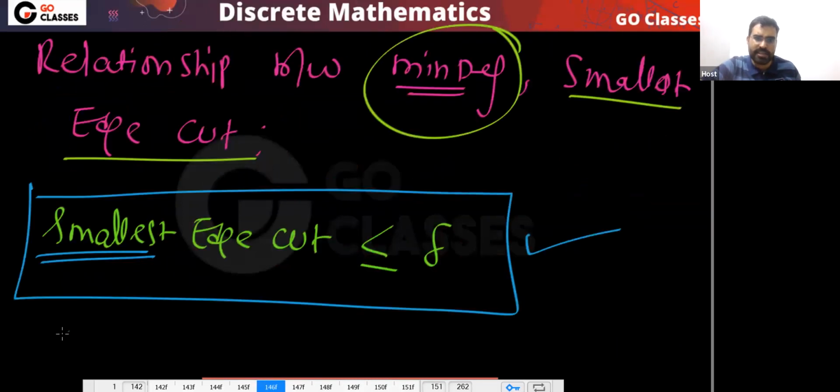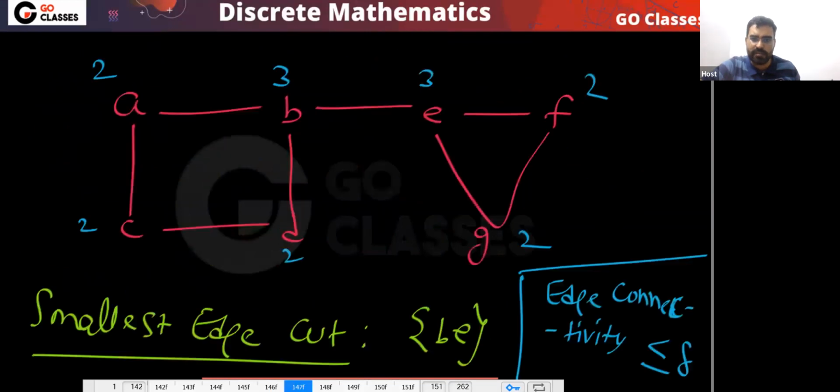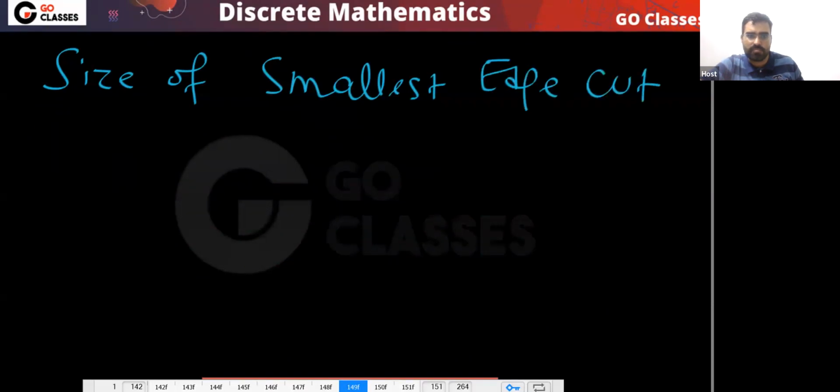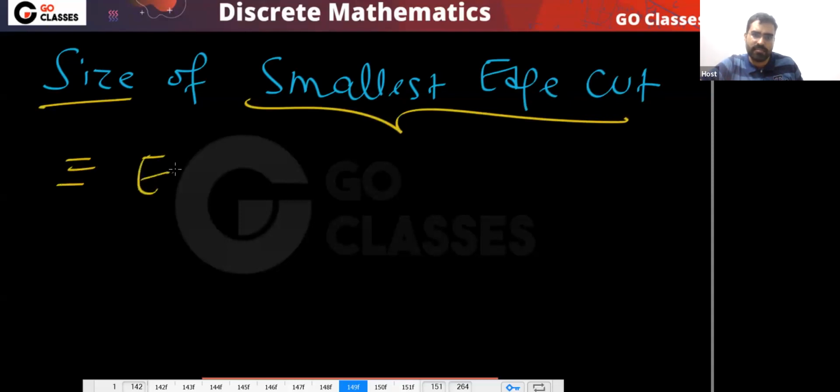So you can notice that the edge connectivity number is less than or equal to delta. The size of the smallest edge cut is your edge connectivity number.